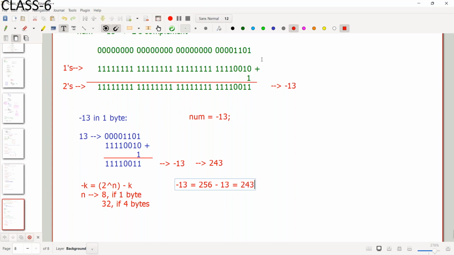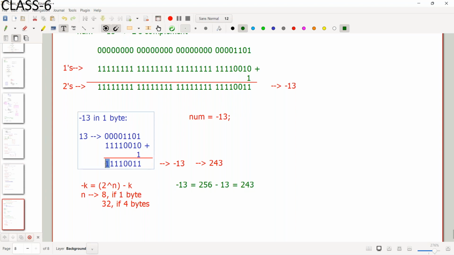So always remember, if it's a negative number, it will get stored inside the memory as the 2's complement.